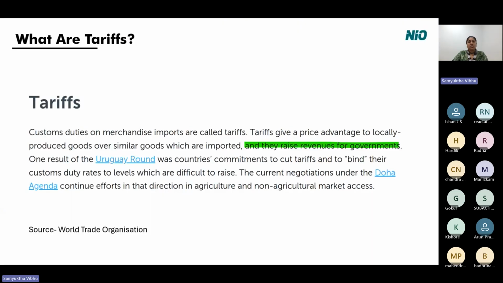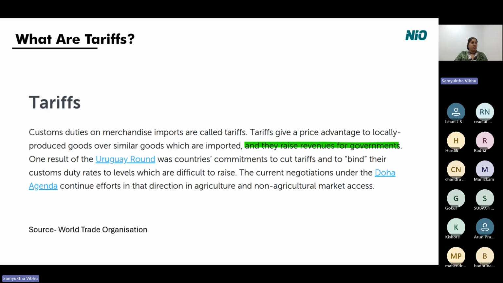All right. So let's first try to understand what a tariff is, right? A tariff is essentially a duty that you impose, which is a kind of tax that you're imposing on any good or service that comes in from another country.